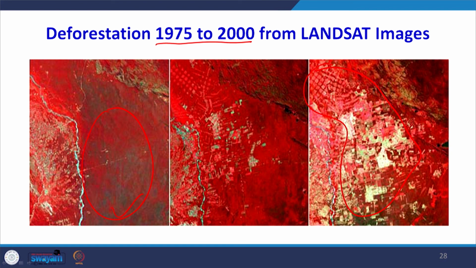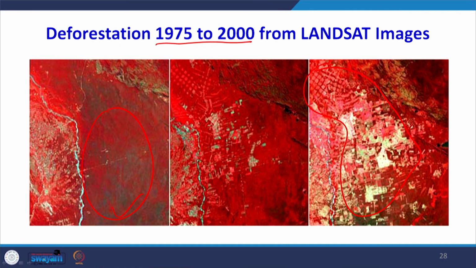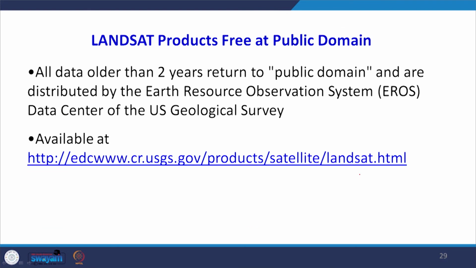It has been converted into urbanization, and there is no forest available in this region. This deforestation could now be related to the temperature changes and climatic changes which have taken place due to this urbanization. So we can hardly see any forest area in this region now. We can identify the different features from the temporal images which are available to us.